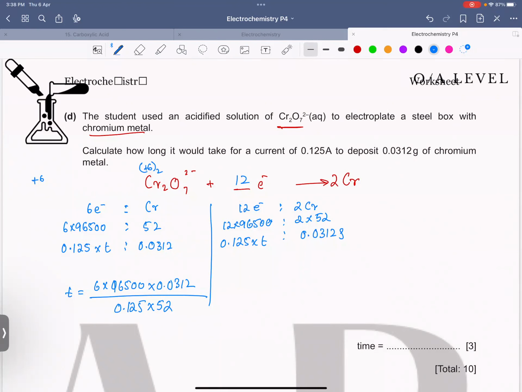So here T is equal to 0.125 into 96500 into 0.0312 divided by 0.125 into 2 into 52. Both give you the same answer.